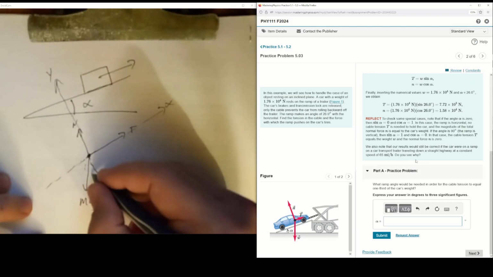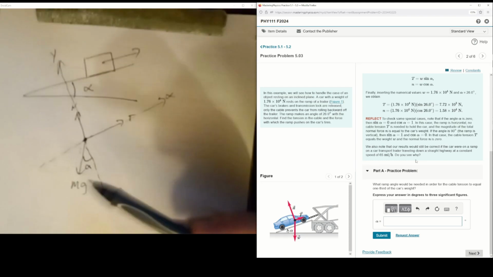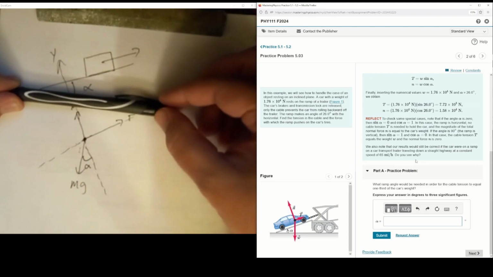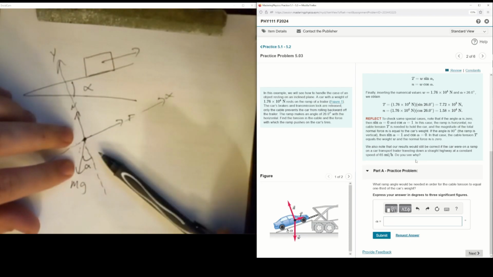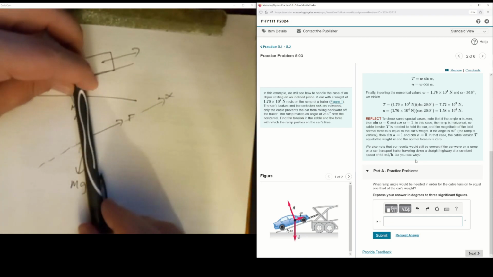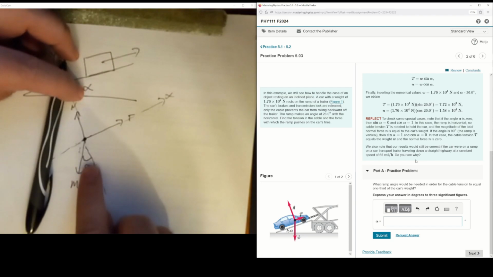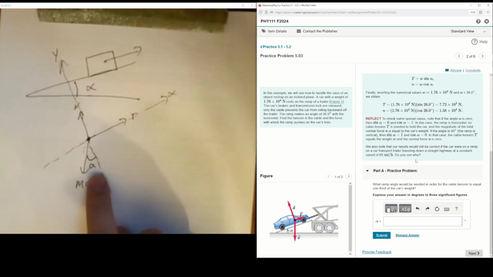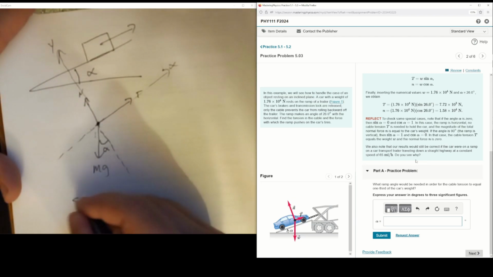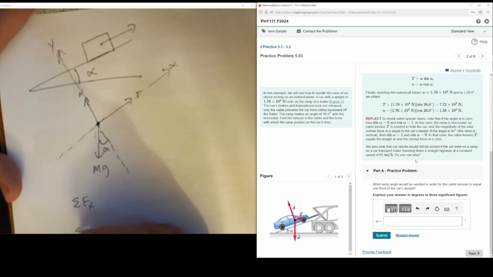And this is the angle right here that is going to 0. If I close the ramp in this picture, the normal force is going to go straight up. Well, it's this angle here that goes to 0. That is the angle of the ramp, and that's the angle we're going to need to sum our forces.